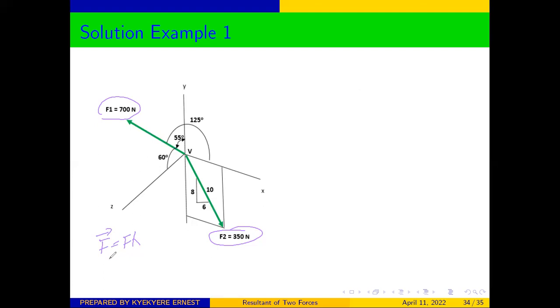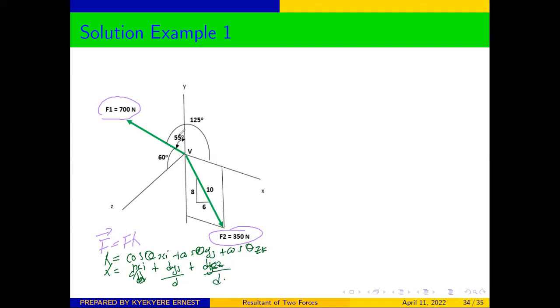So if that is the case, we need to first determine our lambda, and we said that lambda is either equal to cos theta x i plus cos theta y j plus cos theta z k, or lambda can be equal to dx over d i plus dy over d j plus dz over d k.